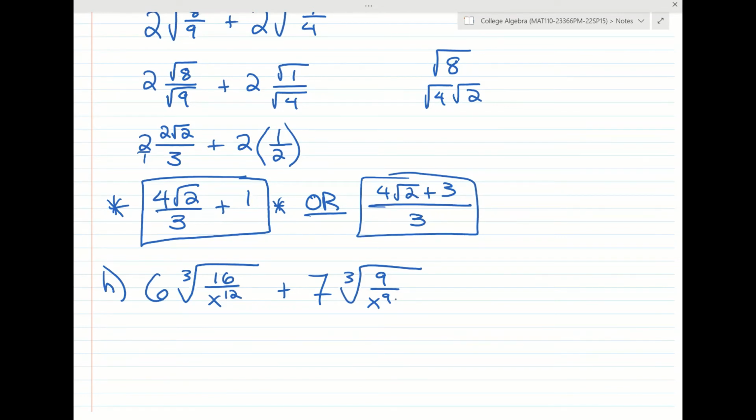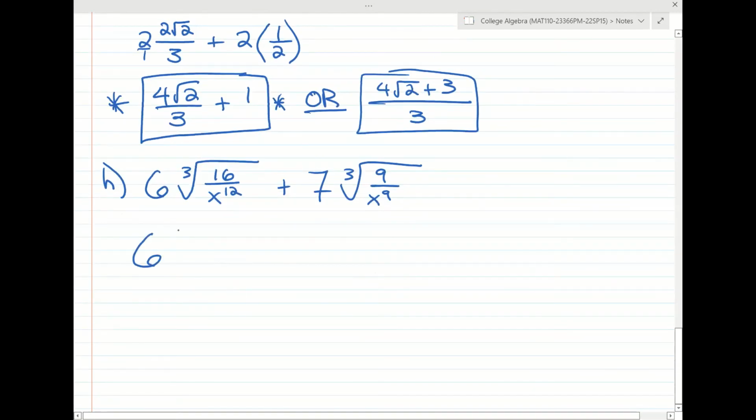We're going to do the same thing, right? So first thing we look to do is see if we could simplify 16 over x to the 12th. We can't do that, but we can do the cubed root of 16 over the cubed root of x to the 12th. Similarly, we could do the cubed root of 9 over the cubed root of x to the 9.